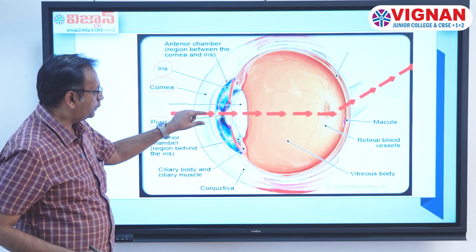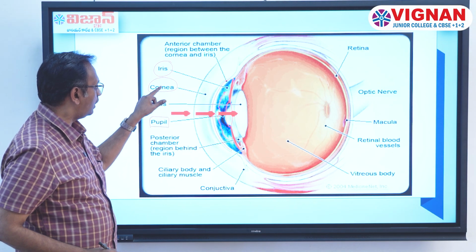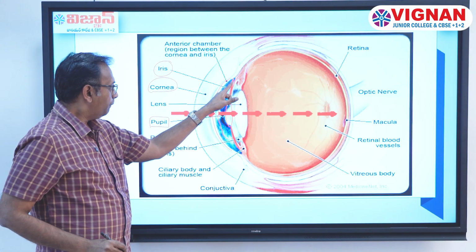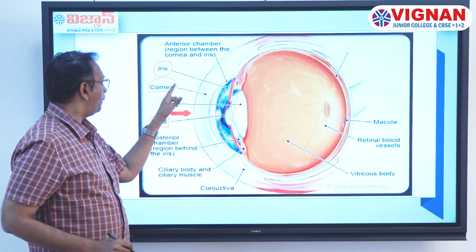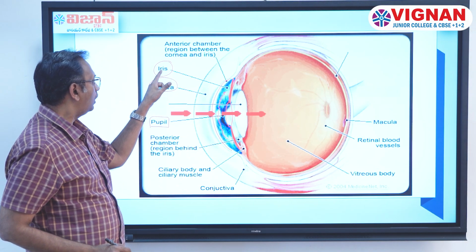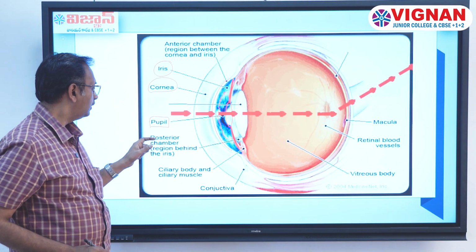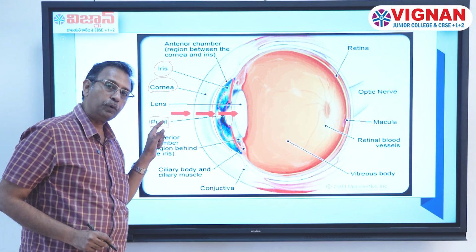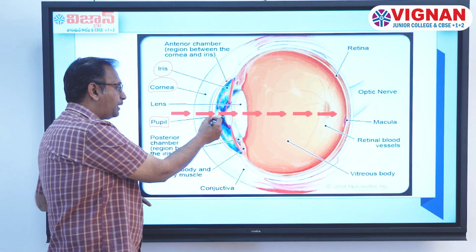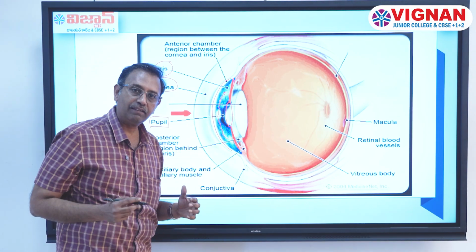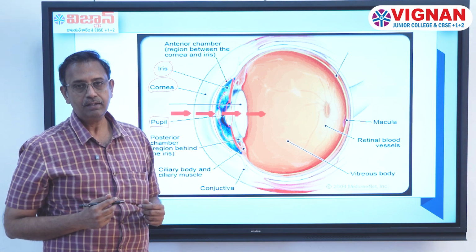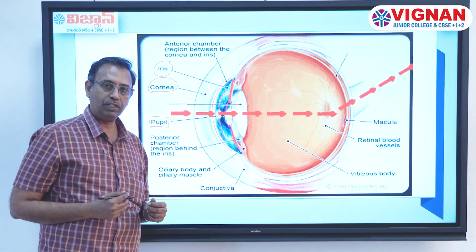So the front portion we see is the cornea. Behind that we have a muscular region with a hole called the iris, and that hole is called the pupil. The space between these two is filled with a gel substance called aqueous humor.